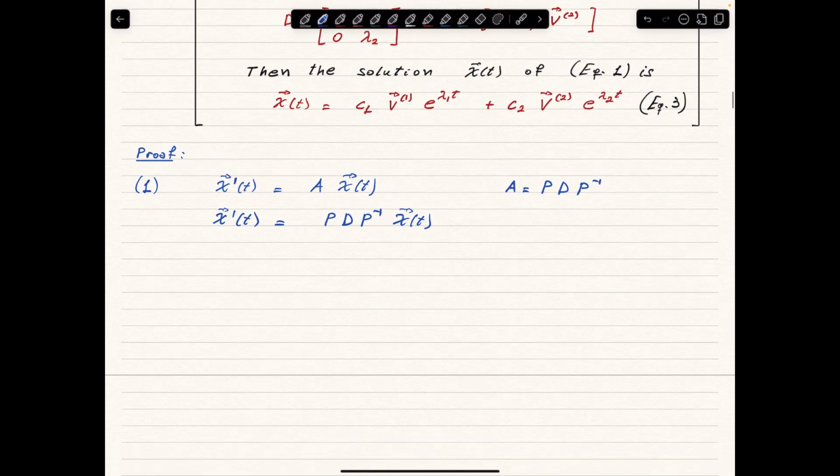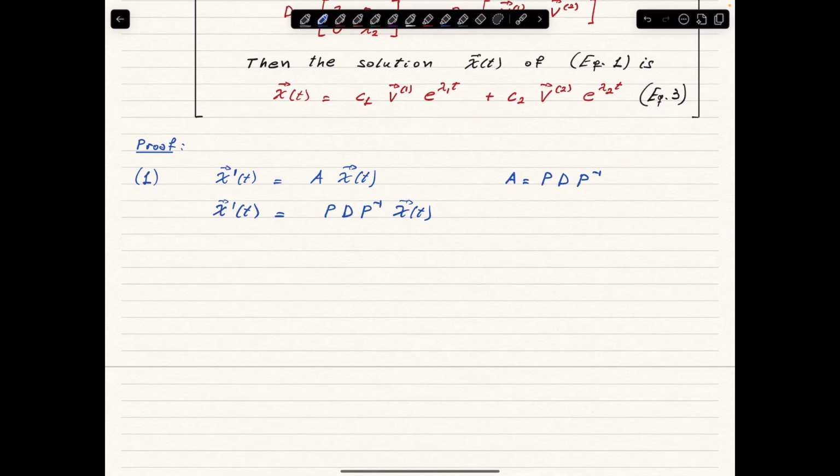We did this step because A can be written as P D P inverse. Now the first thing we do is multiply the whole equation by P inverse from the left. Then here we are going to have an identity matrix. Now we recall something important, which is that the matrix P is a constant matrix, which means that the derivative of this matrix with respect to time is the zero matrix, and that means this factor can be written inside the derivative.